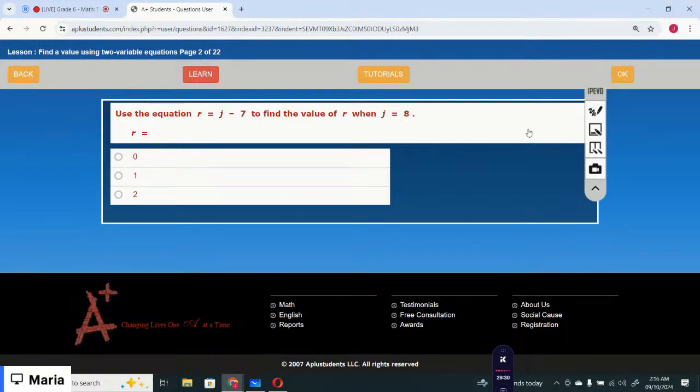Very good. That's option number 2. J is 8, so 8 minus 7 is 1. The correct option is option number 2.